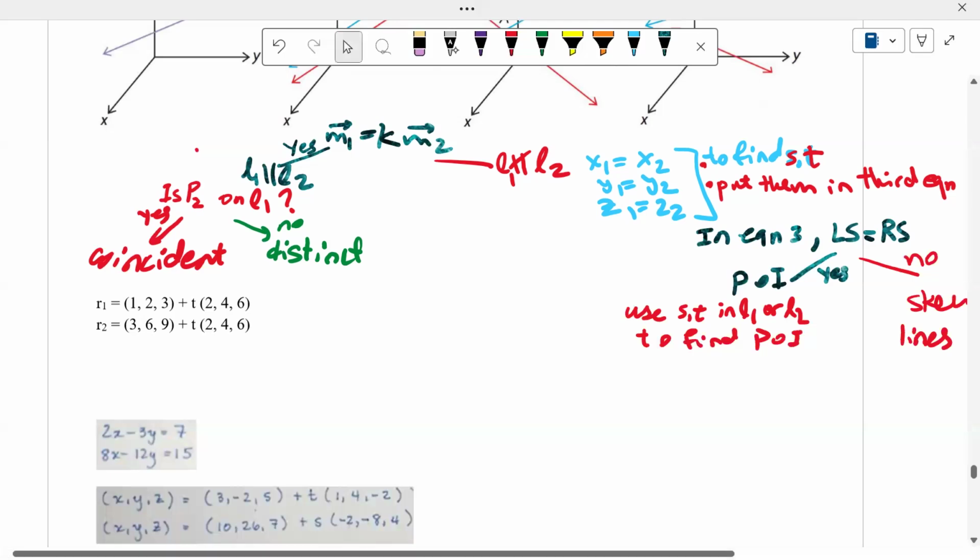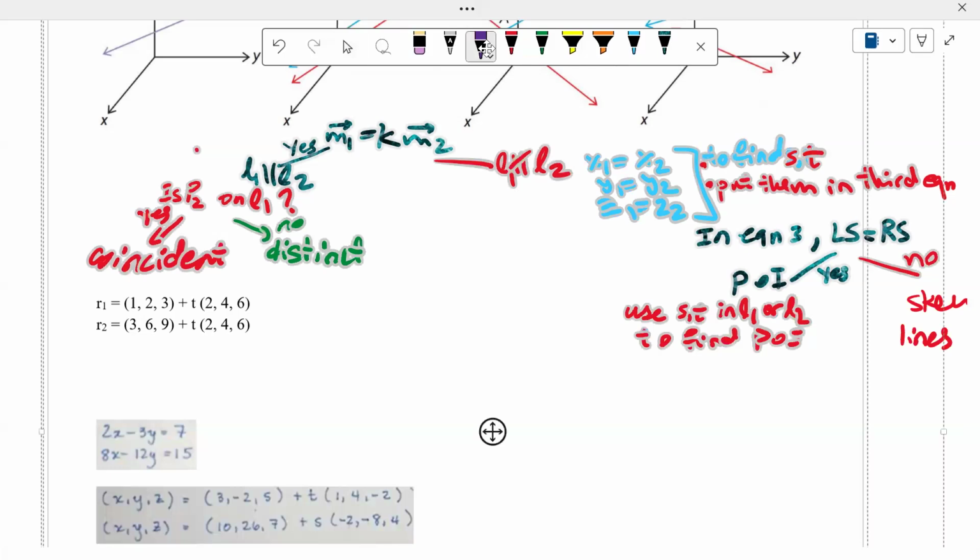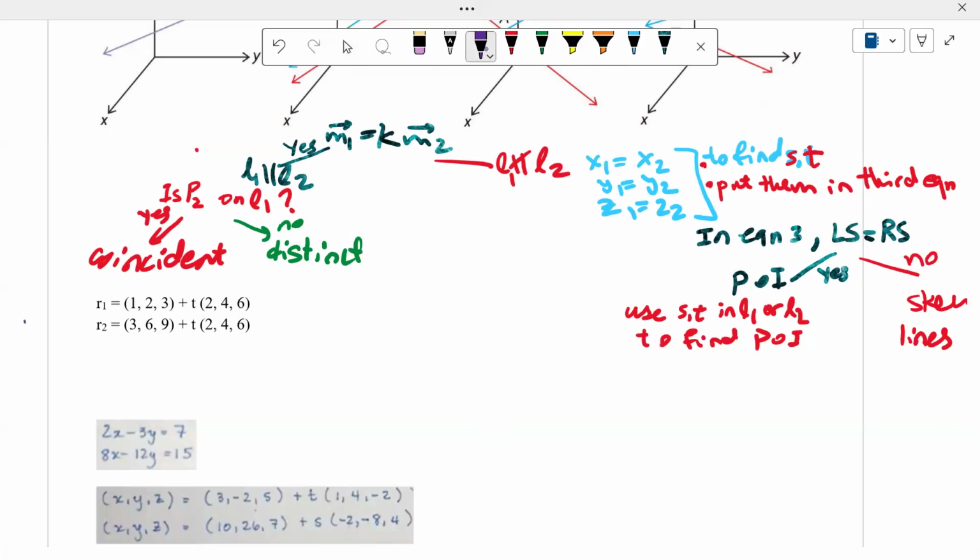All right, so the first question, you have two lines in 3-space given to you. So first, we're going to put M1 equal to k M2. I want to see if they're parallel.